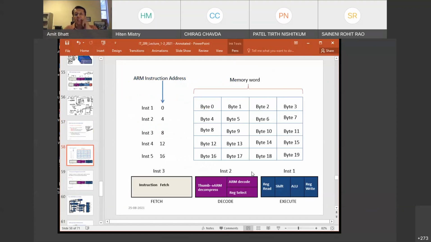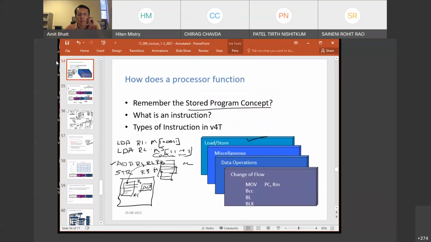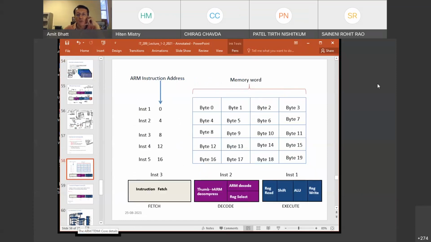Okay, now as I said, when we are talking about 32-bit data or memory, when I say bring in one word from memory, that means I want 4 bytes to come in together, byte 0, byte 1, byte 2, byte 3.